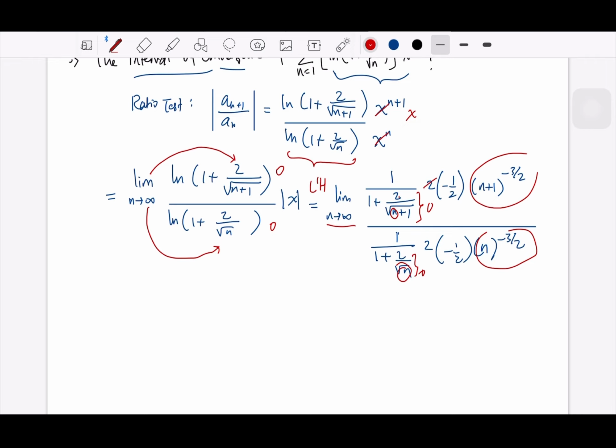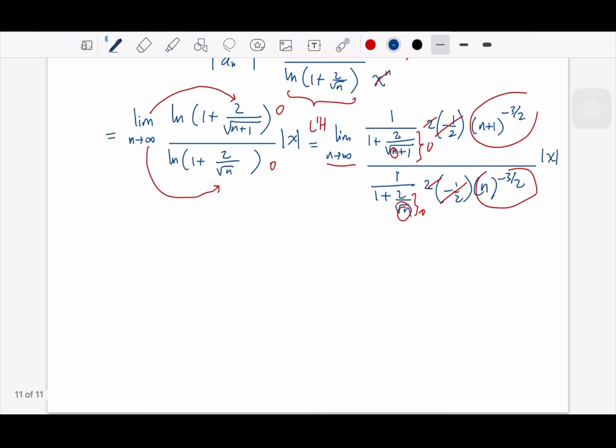So this is also cancelling, right? So what's left is only the absolute value of x. And then it would converge when this absolute value of x is less than 1.